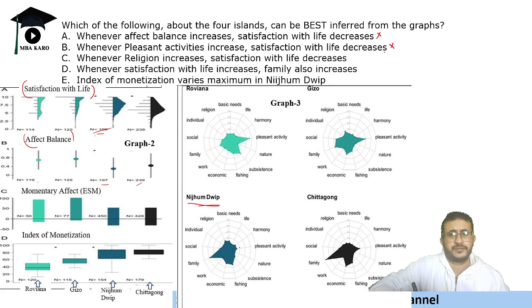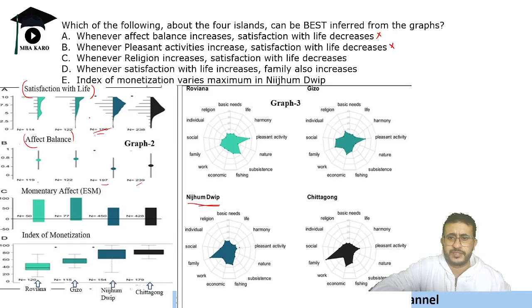So it is incorrect. Whenever religion increases, satisfaction with life decreases. Religion is increasing, satisfaction with life.